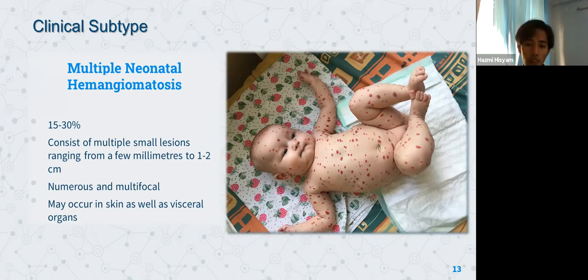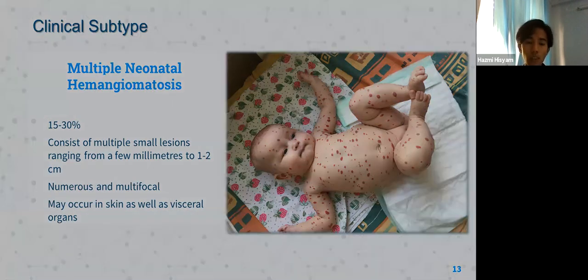One of the most common sites for visceral organs is the liver. And this is dangerous because an infantile hepatic hemangioma can cause congestive cardiac failure, which I will explain later.